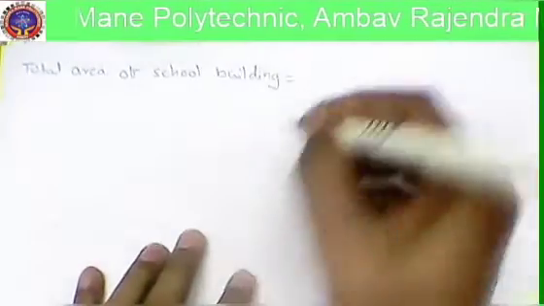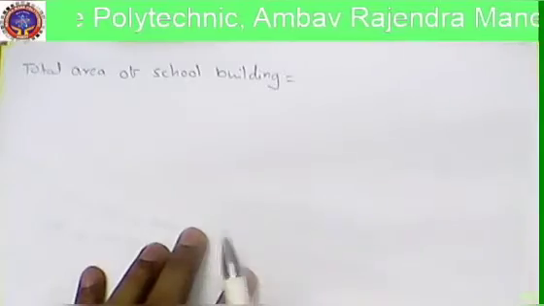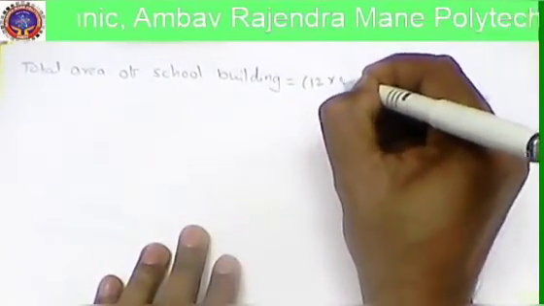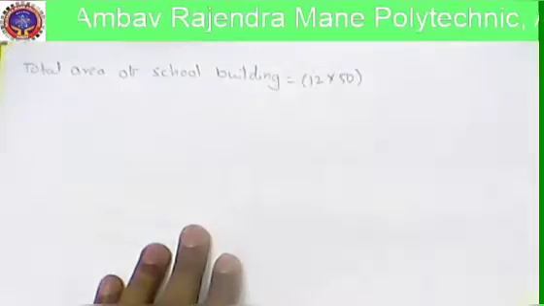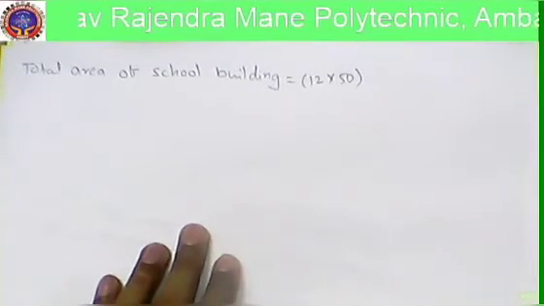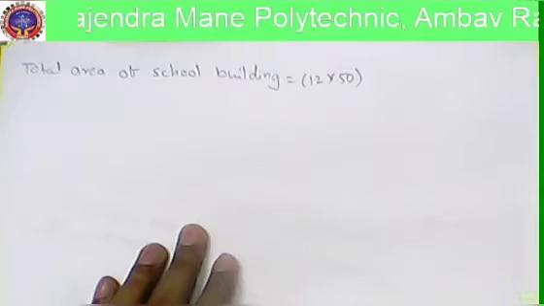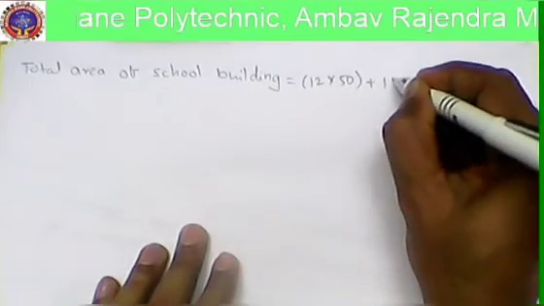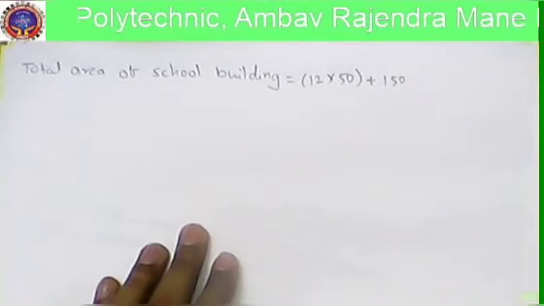So total area of building is 12 classrooms into 50, plus additionally there are some facilities of 150 square meter.